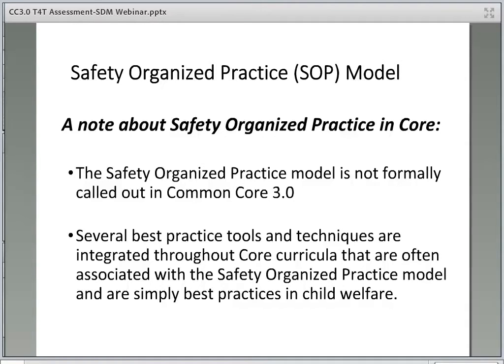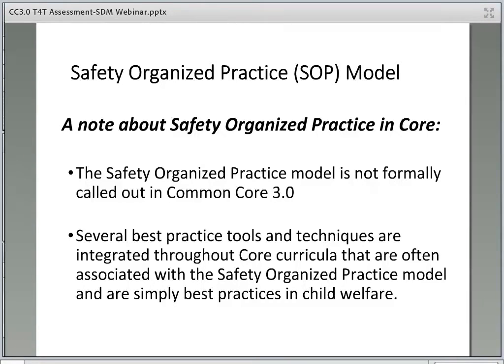It is important to note that SOP is not formally called out or referred to in Common Core 3.0 curriculum. There are several collaborative best practices that are often associated with SOP, such as safety mapping, teaming, and other engagement strategies that are integrated throughout CORE curricula and are not referred to as SOP. They are referred to as best practices in child welfare.